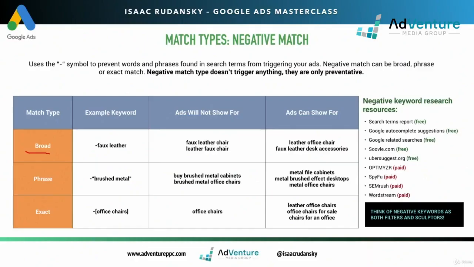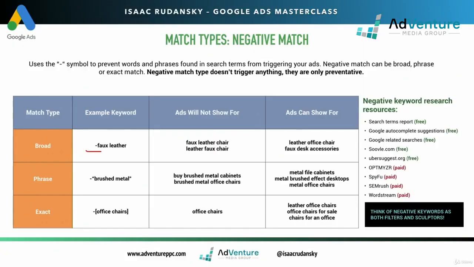So for example, when I do negative faux leather, I'm telling Google that anytime faux leather shows up in a search term, doesn't matter what else, if it's there, don't trigger my ad. So ads will not show for faux leather chairs, leather faux chairs, because faux leather are in both of those search terms. Ads can show for leather office chair, faux leather desk accessories.